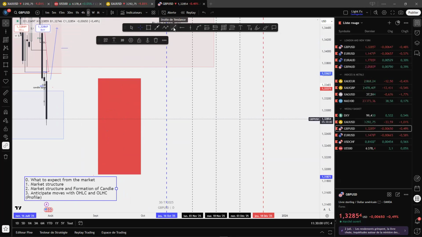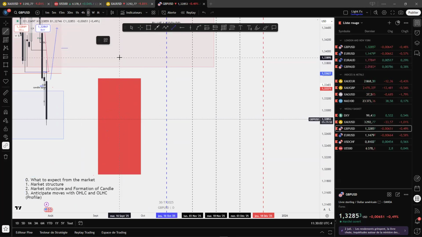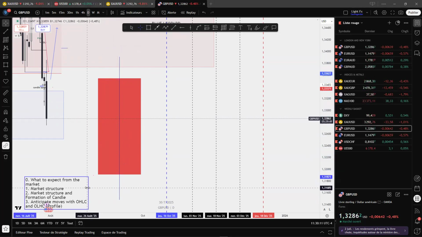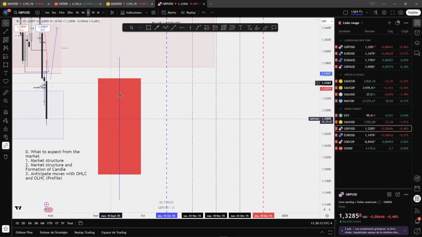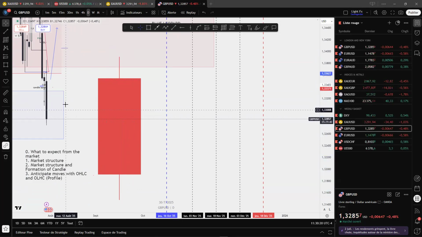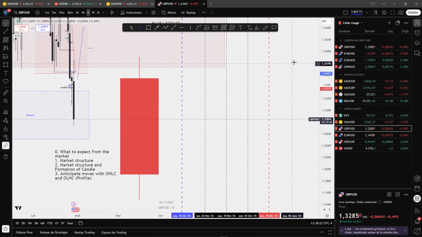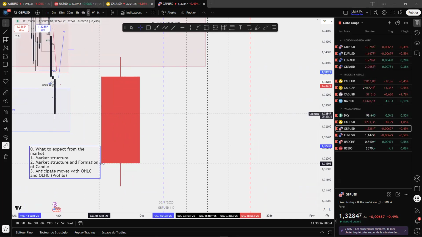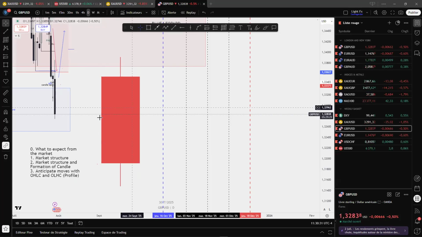I'm going to take a line and draw another vertical line that we will use as our week, okay? Now this line will be the high and the low of this candle, the highest point and the lowest point of this candle. We forget about market structure or direction or anything. We are just going to study the formation of this candle.